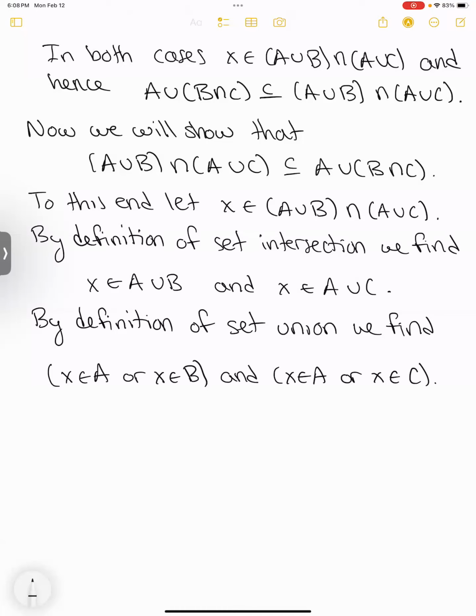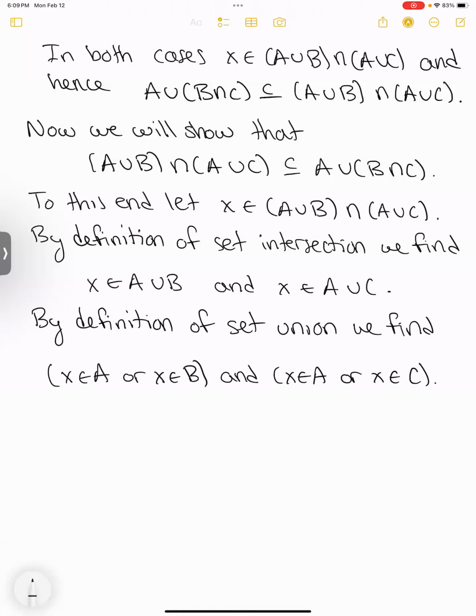Now, the point here is that in both parentheses, there's a possibility that X is in A. So if X is in A, then both the ands are true, right? So that's going to be one of the cases. And the other case is that if you're in B and you're in C, right? And those are kind of the two cases to look at, because as soon as you're in A, you satisfy this entire requirement.